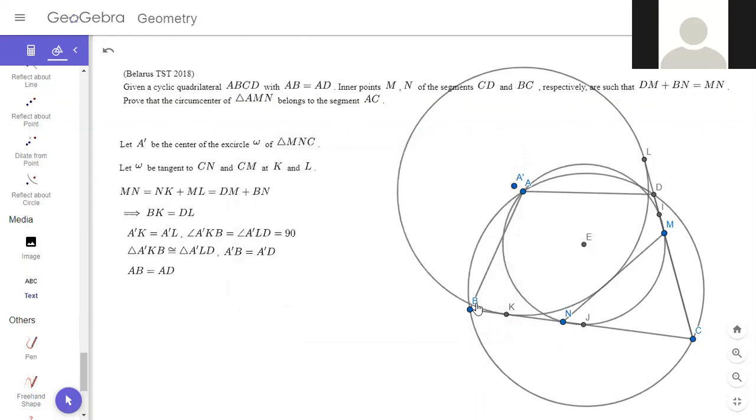And so AA prime lies on the perpendicular bisector of BD.